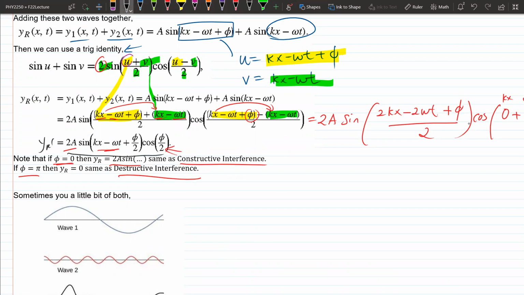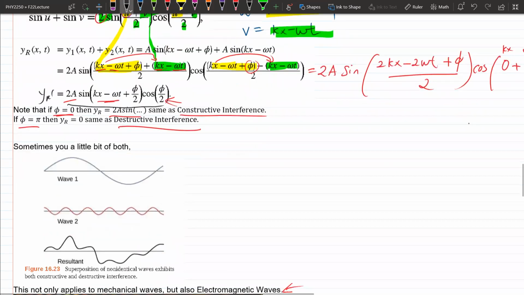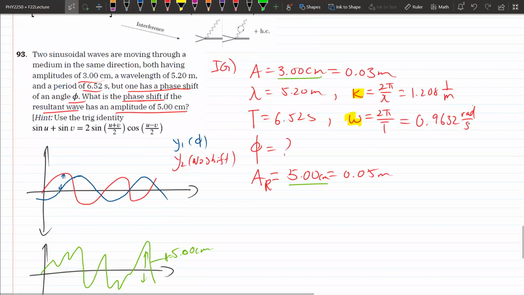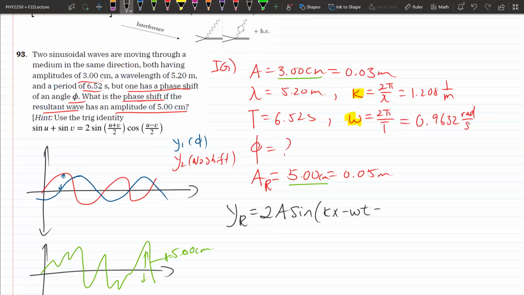It's twice the amplitude, and then the same argument inside, but then there's a bunch of phi over 2's inside the sine and the cosine function. So the resultant wave is twice the amplitude normally, times sine of kx minus omega t plus phi over 2, and then cosine of phi over 2.